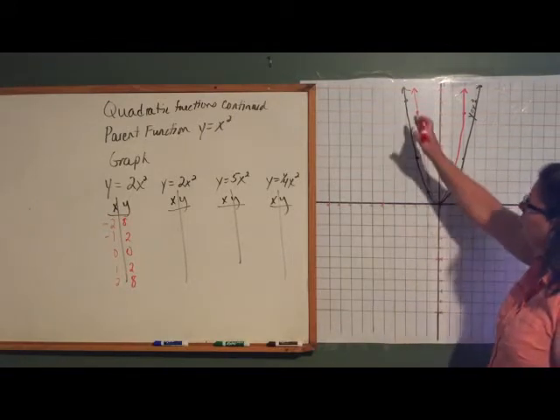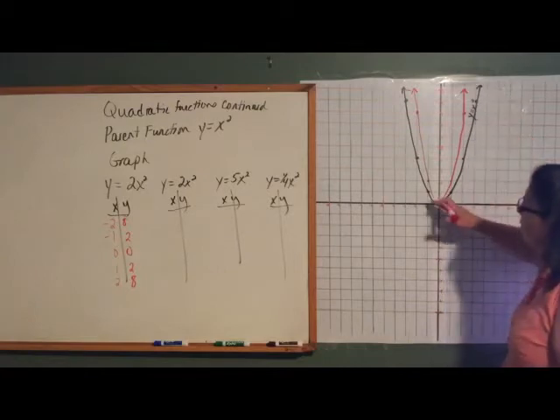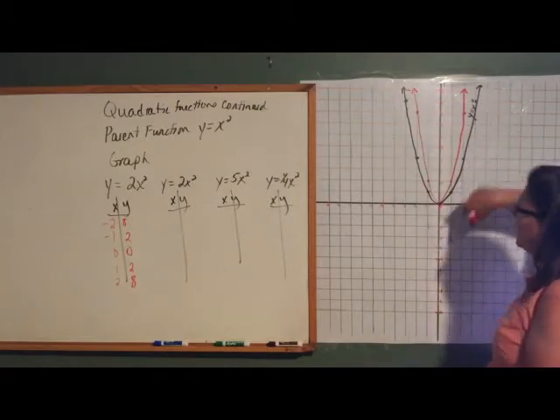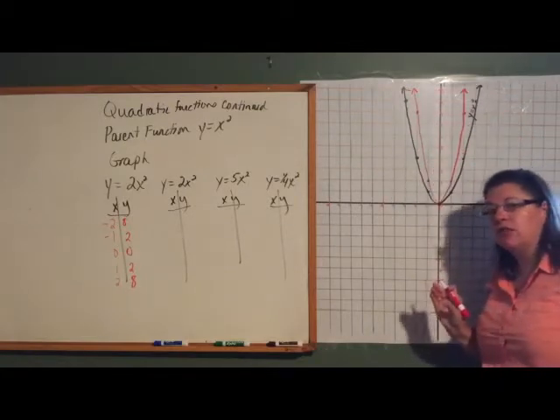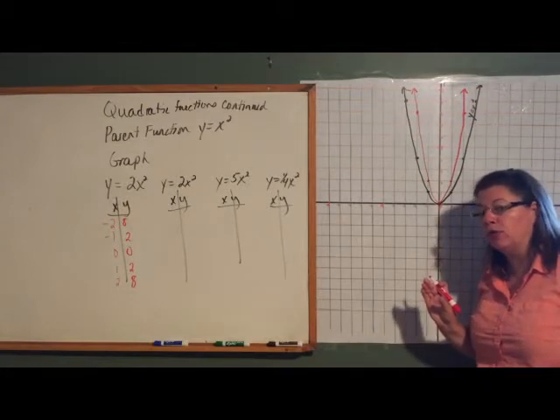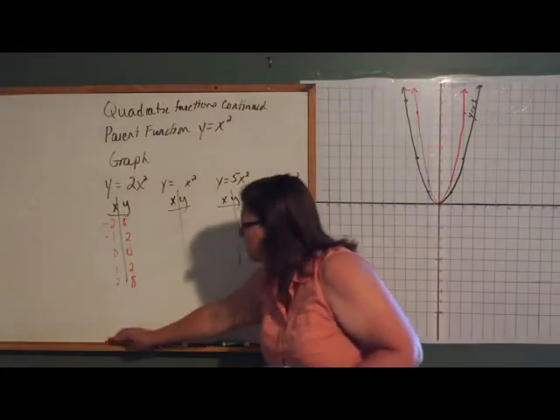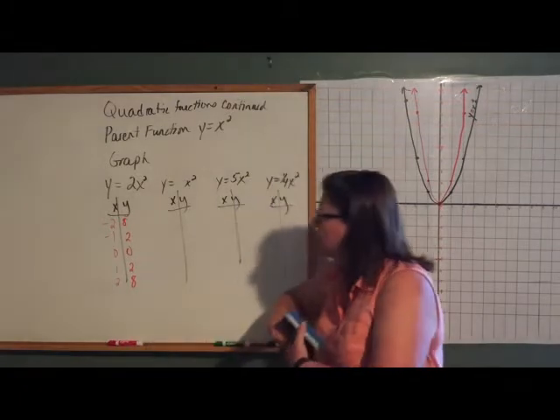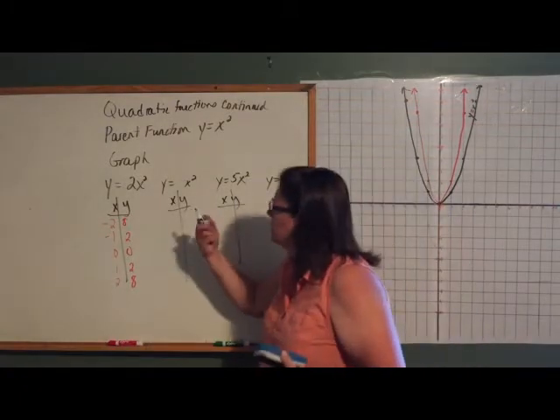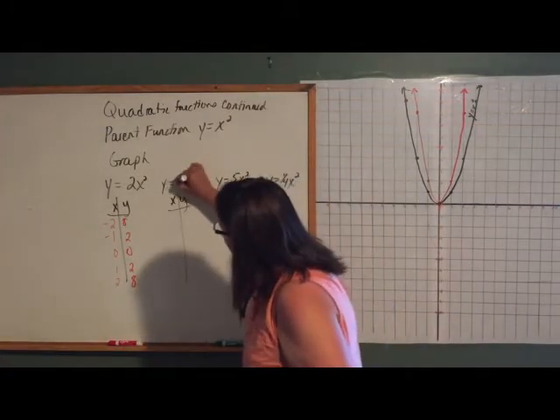So the parent function is wider than the function that's been multiplied by a whole number bigger than 1. So let's see what happens when we put a fraction in front between 0 and 1.